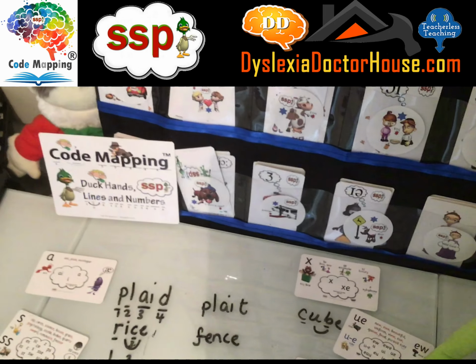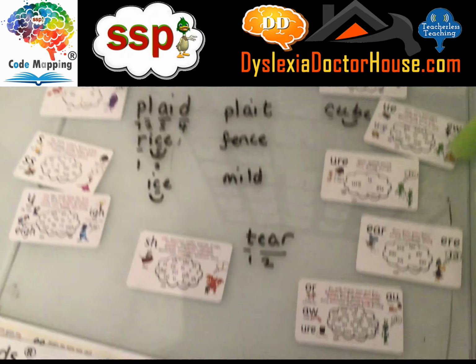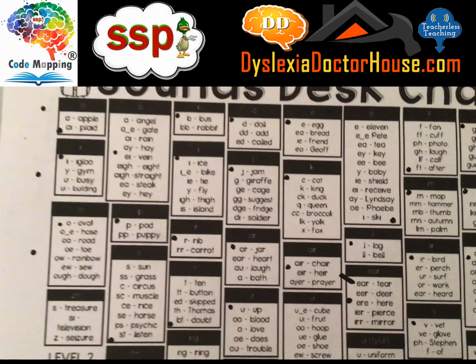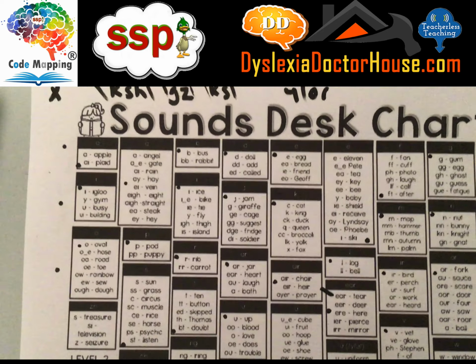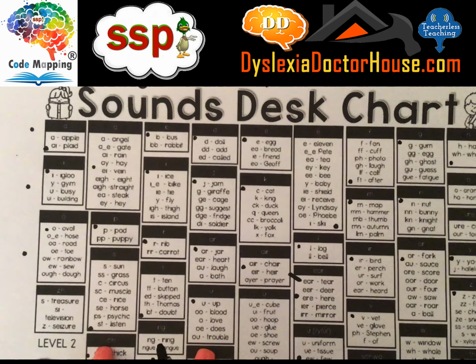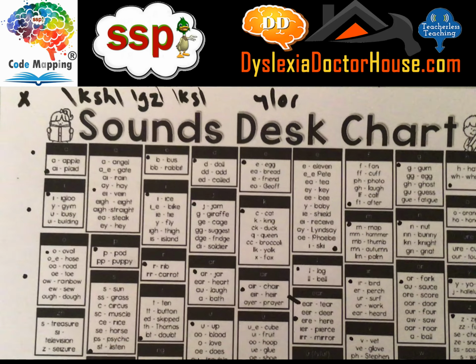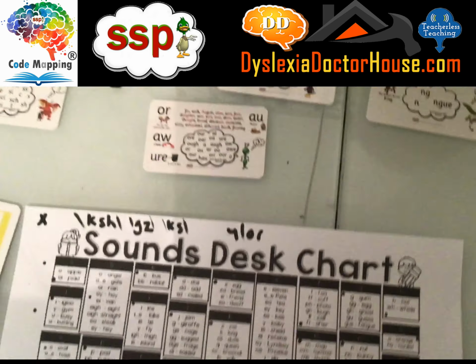So what also happens is that SSP teachers and SSP students get very good at having a look at resources that they see to see, what did the naughty speech sound frog do? So we just had a little look at one of these, and what we do in the SSP closed group is we are looking all the time at resources.